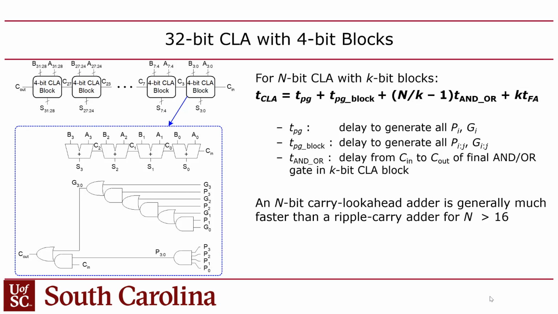We want to be able to cut that and replace it with another block of logic that'll generate it faster just based on propagates and generates from the lower 4 bits. So the way they have it set up here is that you've got a little tiny ripple carry adder here that's 4 bits.